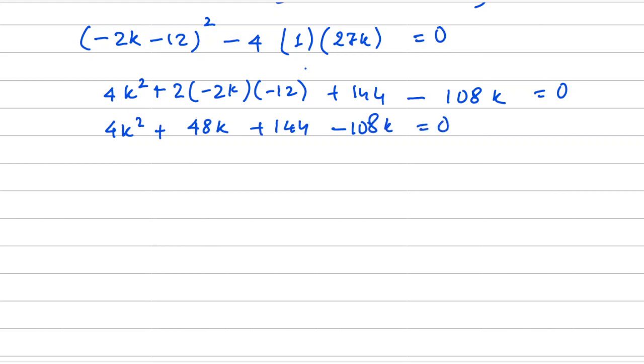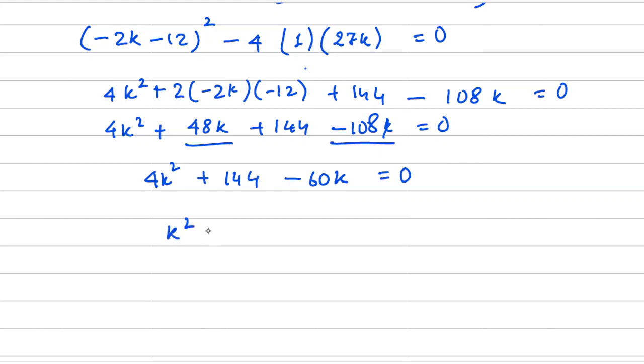Okay, so now we can simplify this portion. 48k minus 108k will be giving minus 60k. So 4k square plus 144 minus 60k is equal to 0. Again, divide the whole thing by 4.